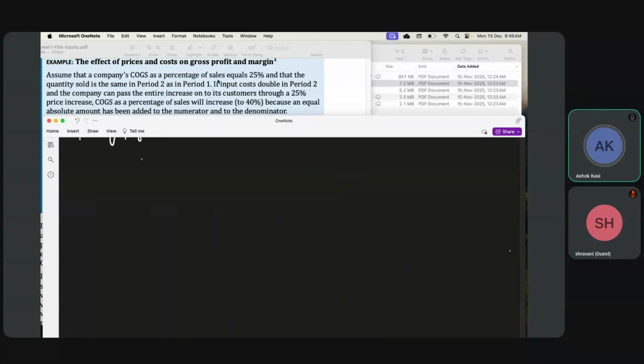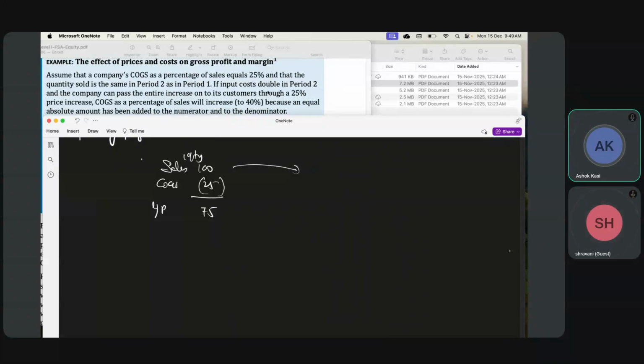Cost of goods sold as a percentage of sales is 25%. So if sales is 100, cost of goods sold is 25. So gross profit will be 75. And the quantity sold is the same in period 2 also. So if you think this is one quantity, then it will be easier. One quantity is 100 rupees.